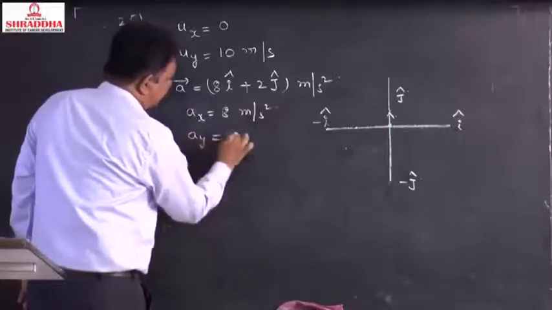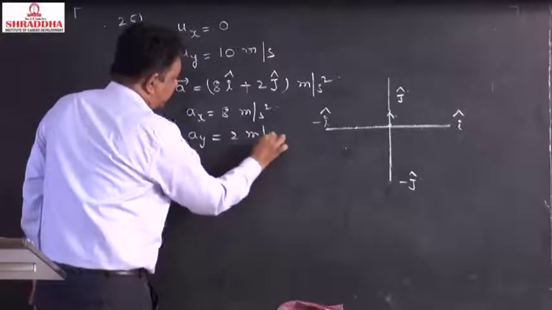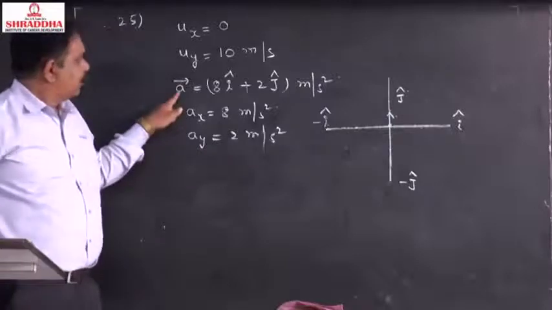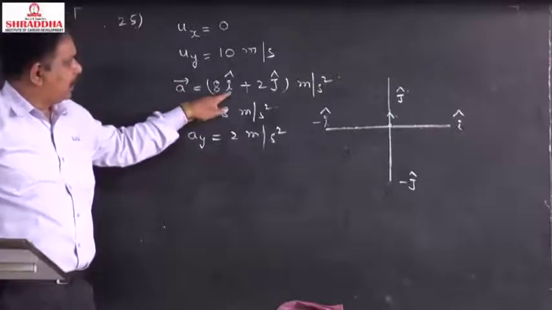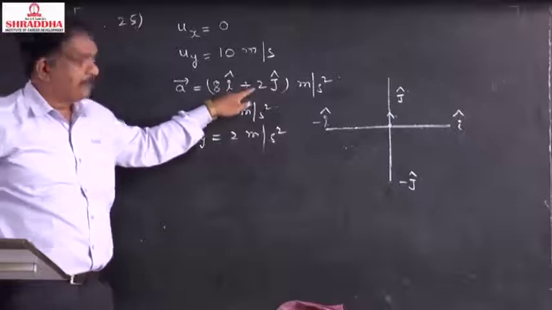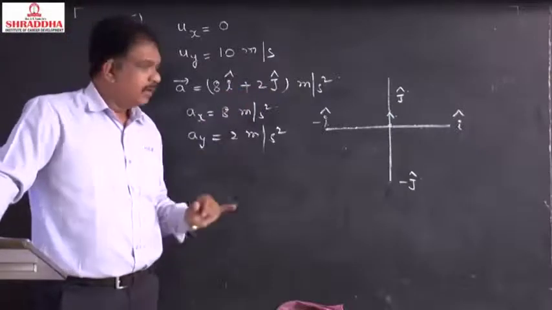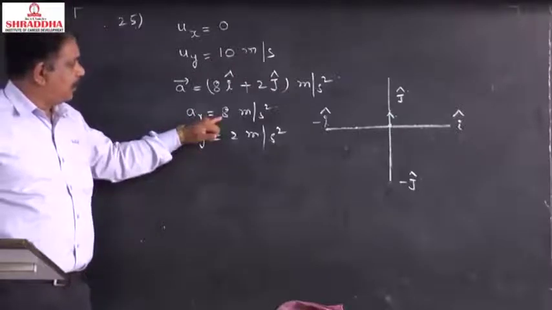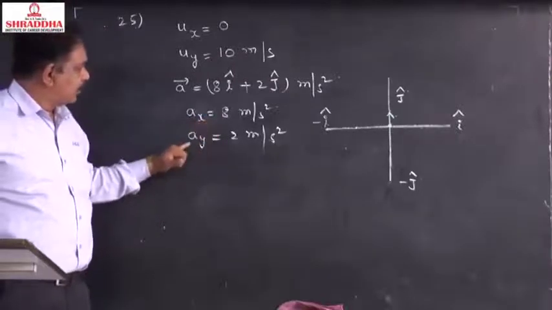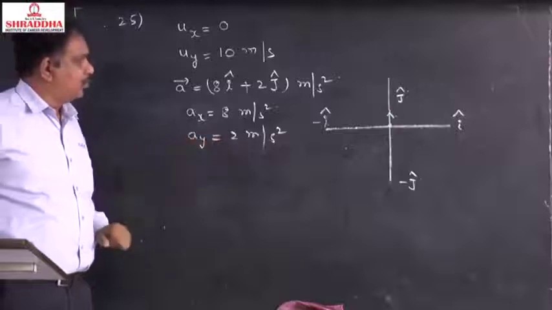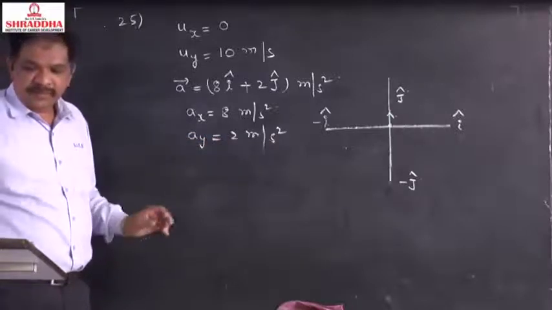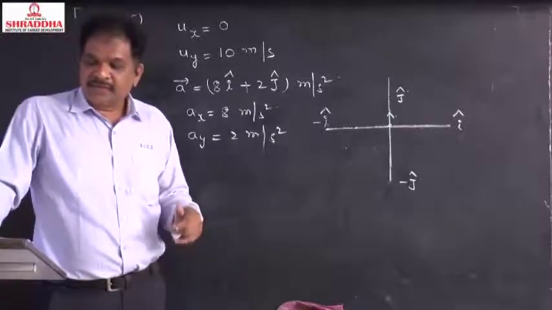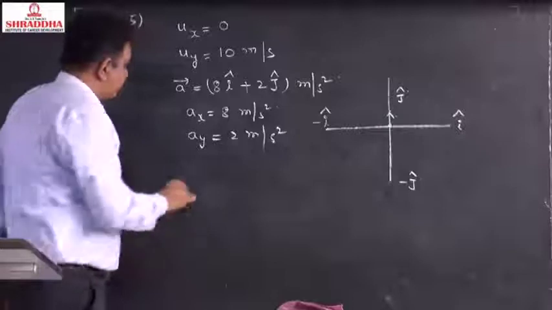Ay is equal to 2 meter per second square. Is it clear understanding? Then ax value will be 8 meter per second square. Ay value will be 2 meter per second square. Clear?